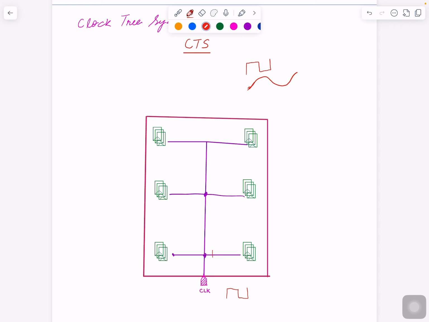Something like that, right? If you keep increasing this longer or more resistance and capacitance on it, what would happen? The shape of this thing will keep going down like this, even until eventually it doesn't become any proper clock.